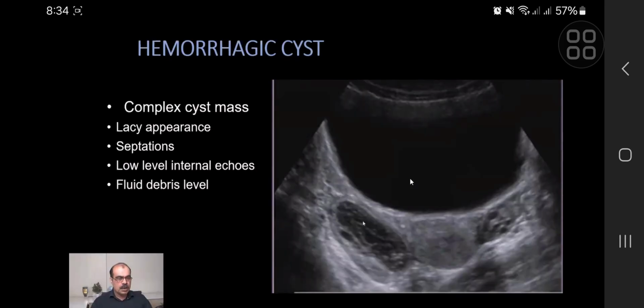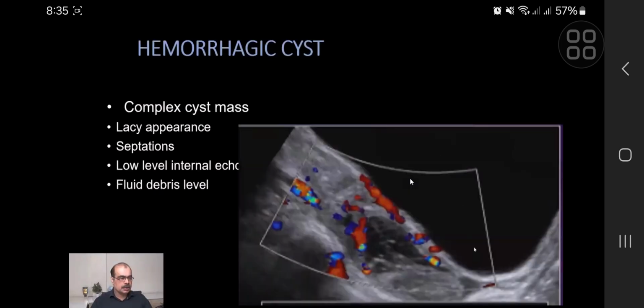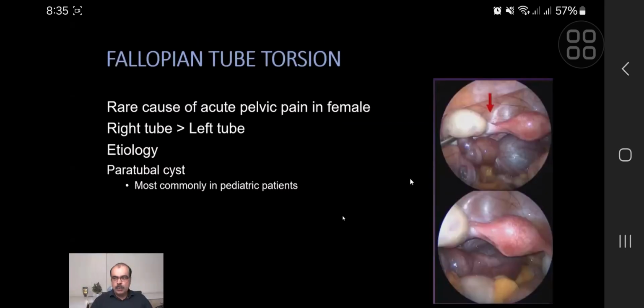So this is a hemorrhagic cyst within the right ovary, and this patient is going to present with acute pain as well, but you can clearly differentiate between this finding of hemorrhagic cyst versus ovarian torsion, which you can see in this image more clearly. And this is another one showing perifocal vascularity and internal echoes or a hypoechoic area within the ovary.